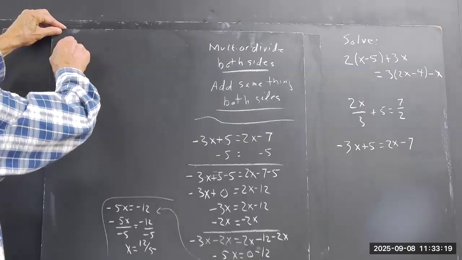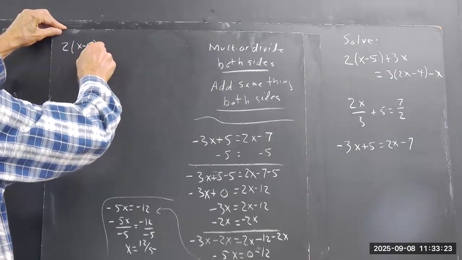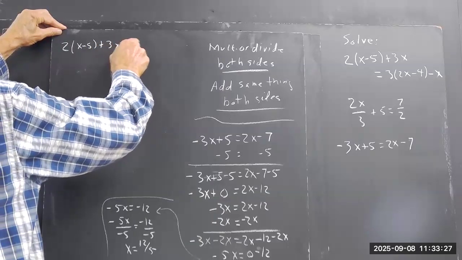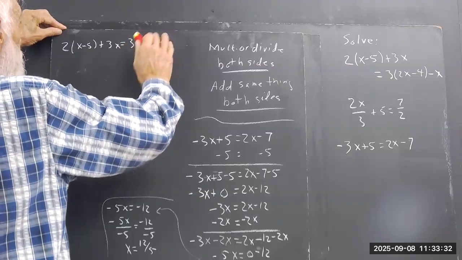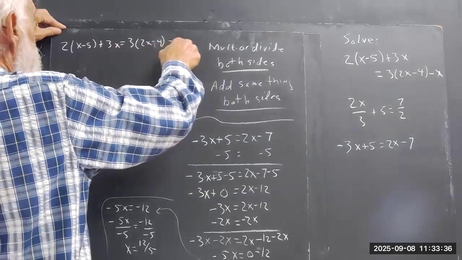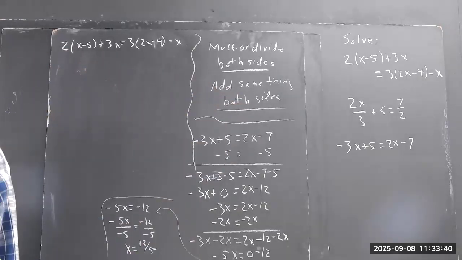Let's do this one. First one, 2 times the quantity x minus 5 plus 3x equals 3 times 2x minus 4, minus x. Now, I did get some right solutions to this.